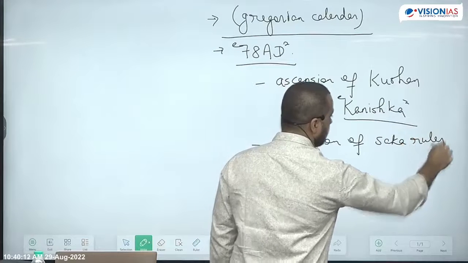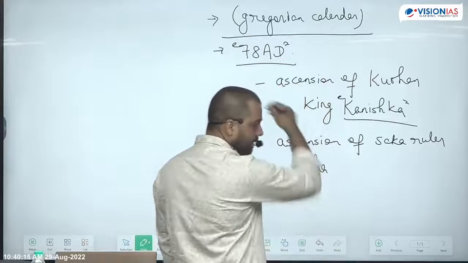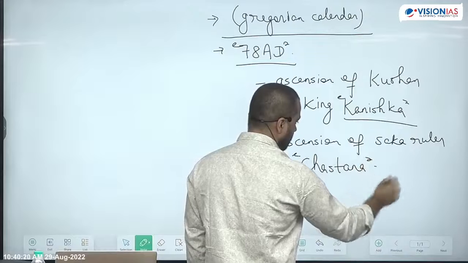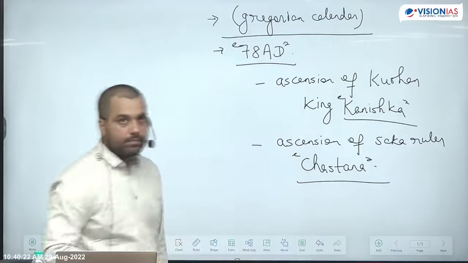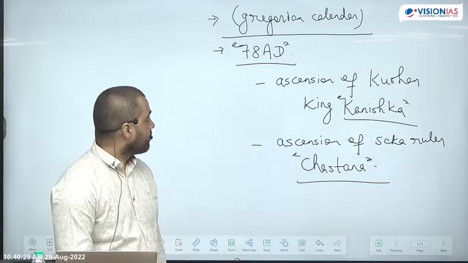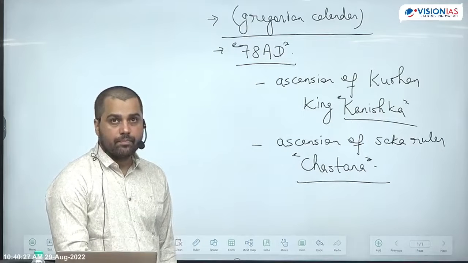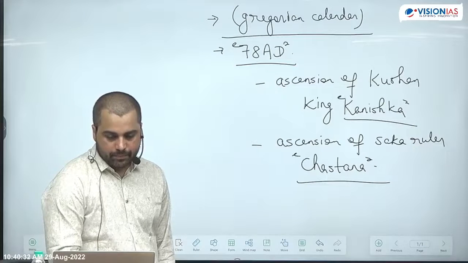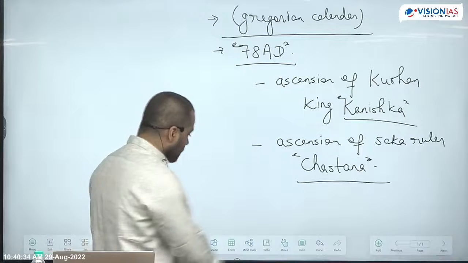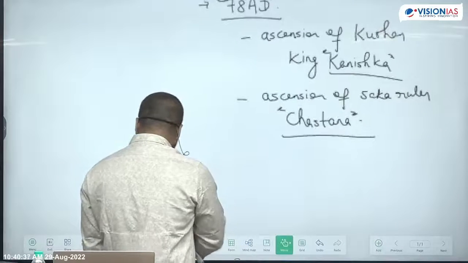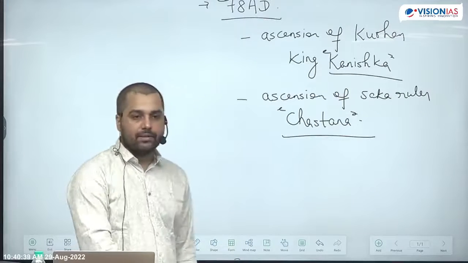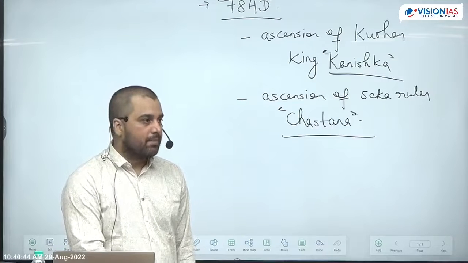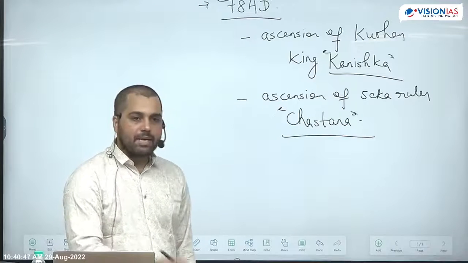Second, the ascension of Shaka ruler Chastana. And in fact there is a third theory also, that one of the Satvahana rulers defeated Chastana. His name was Salivahan, and by emerging victorious against Shaka, he may have started Shaka Samvat.